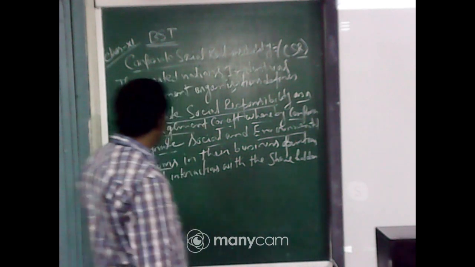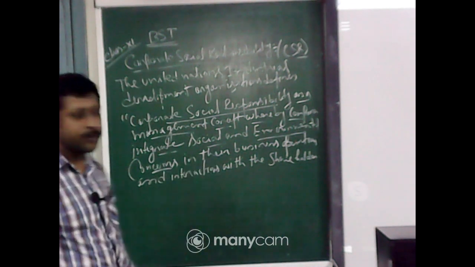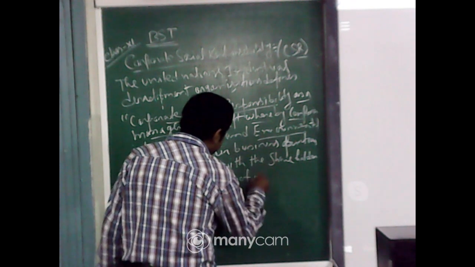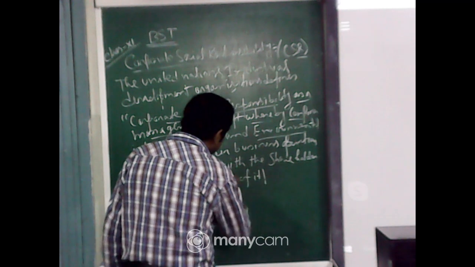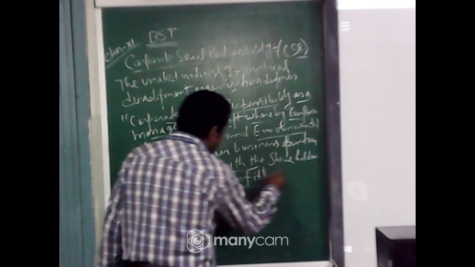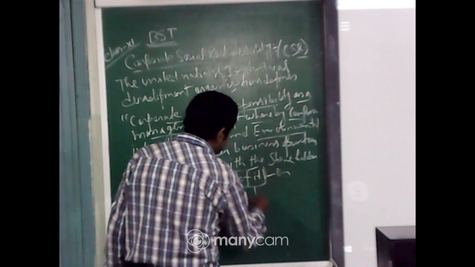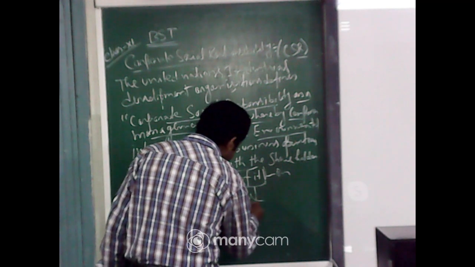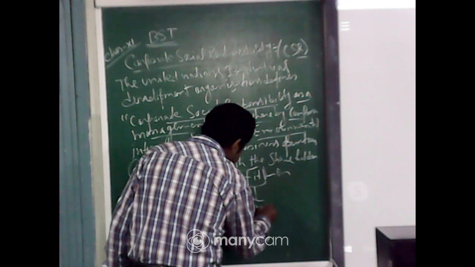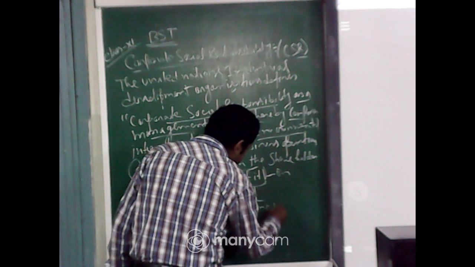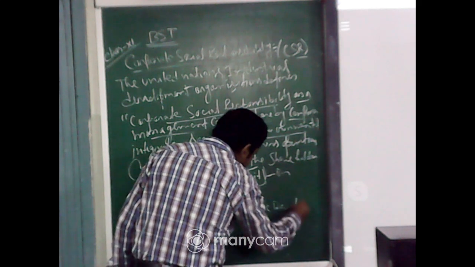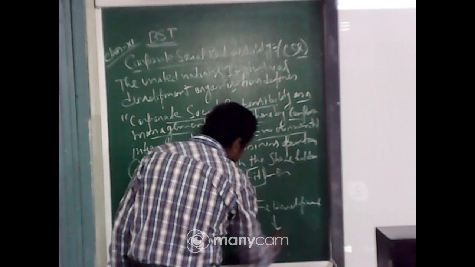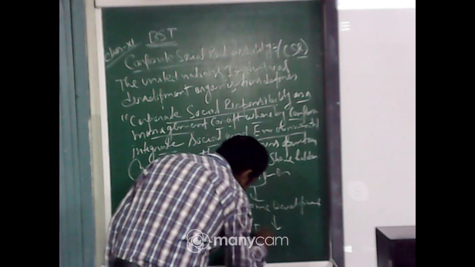in their business operation and interaction with the shareholder also. They say profit is not the main concern of business. You should also balance the economic development of your workers, and you should also balance the environment.